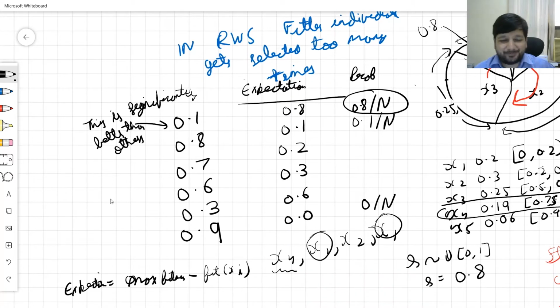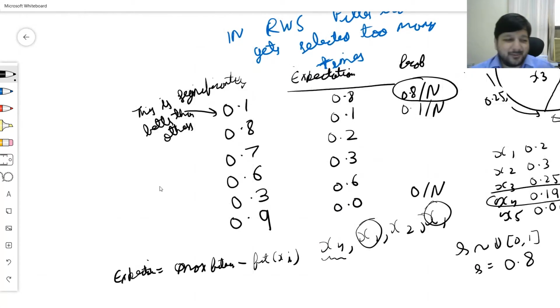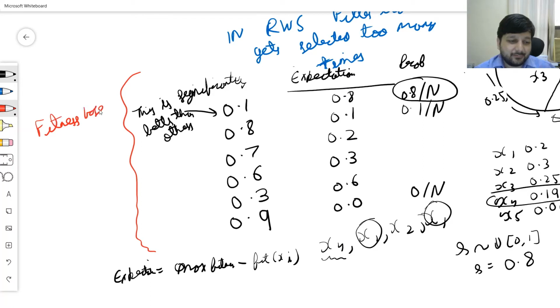So we'd like to solve this problem. This is currently called fitness-based scaling, where expectation is directly proportional to fitness.